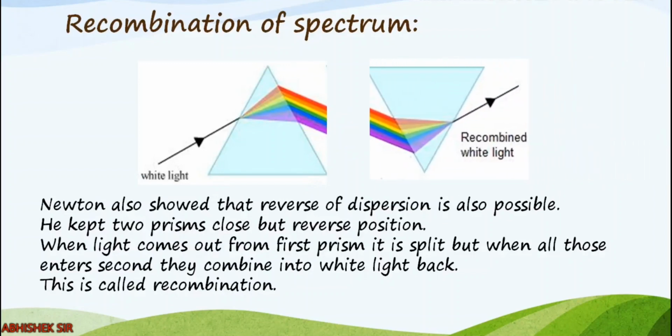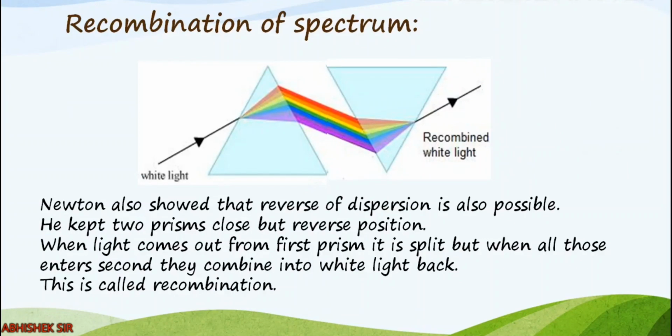You see the second prism is in the totally opposite direction. So what happens, you see white light splits into 7 colors. These 7 colors go inside the second prism and there they combine to form white light again.